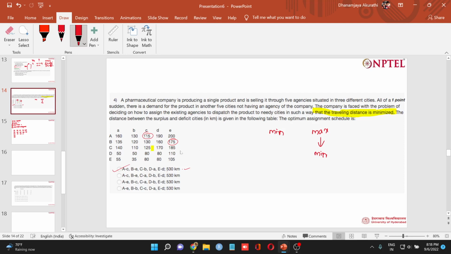Suppose I do not observe this 190 value, I don't know what the distance from A to D was. That problem may arise. So in that case, you need to take it as infinity. Then if we subtract or add anything, it would be infinity only. Then do the same operations.